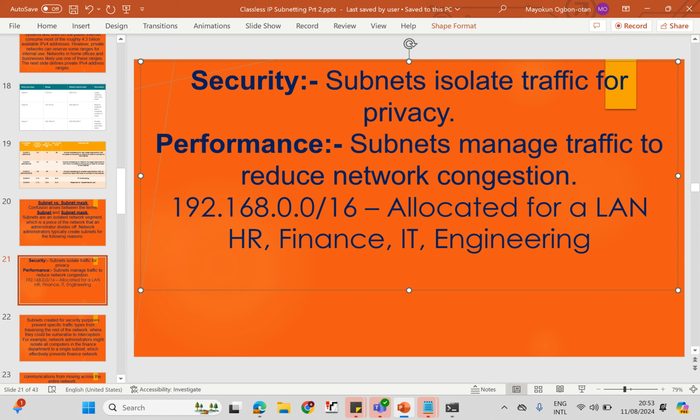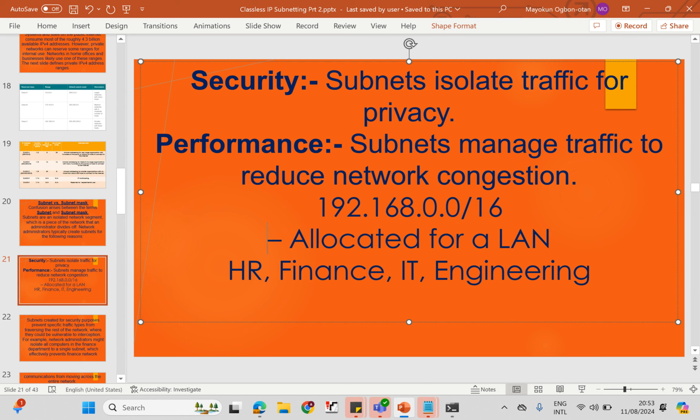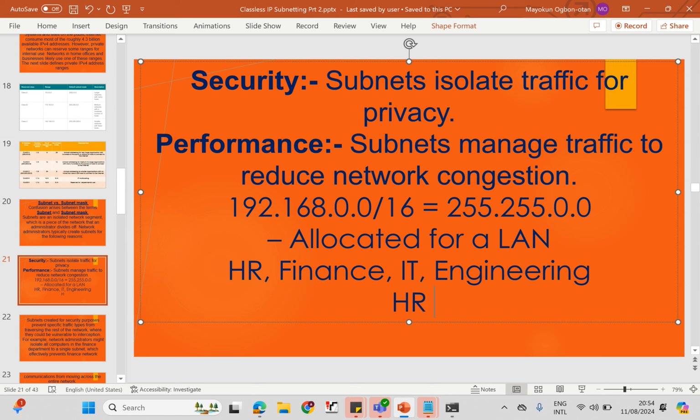Now, since you can play with these two octets, because /16 means you are having 255.255.0.0, you can choose now to play with all these. So you can make your HR department to be 192.168.10.0/24.